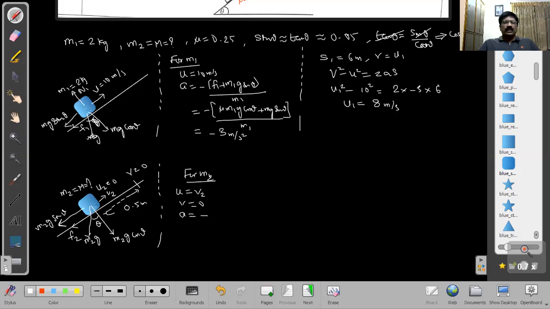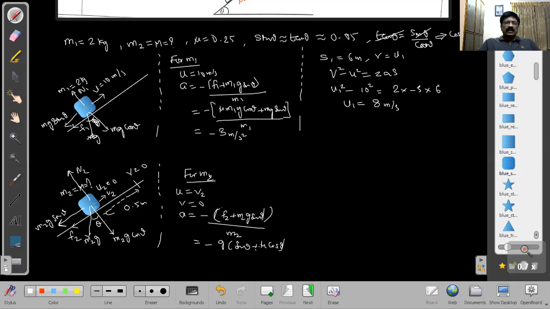When you simplify them, F2 we can write as mu m2g cos theta. Here the normal reaction is in this direction, N2. So F2 plus m2g sin theta, whole by m2, that is equal to minus g of sin theta plus mu cos theta.